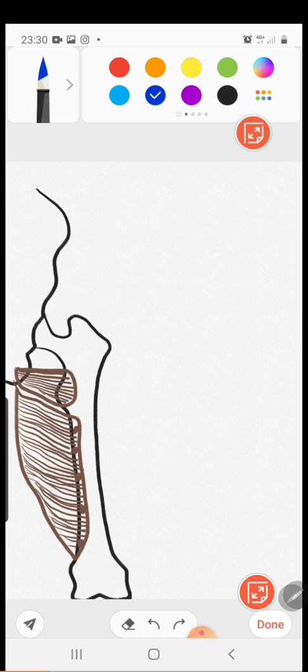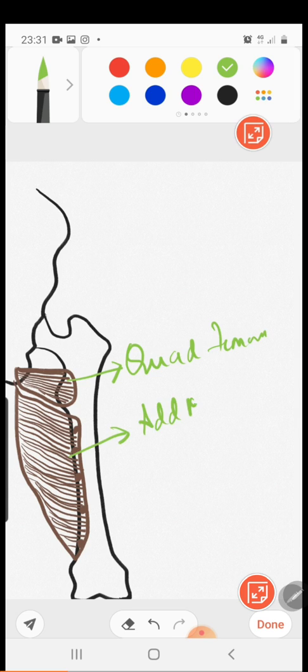Got it? Okay. So now in this image you get to see the posterior surface of the hip joint as well as the back of the thigh. Can you see two muscles here? The smaller one is the quadratus femoris. This large bulkier one is adductor magnus.